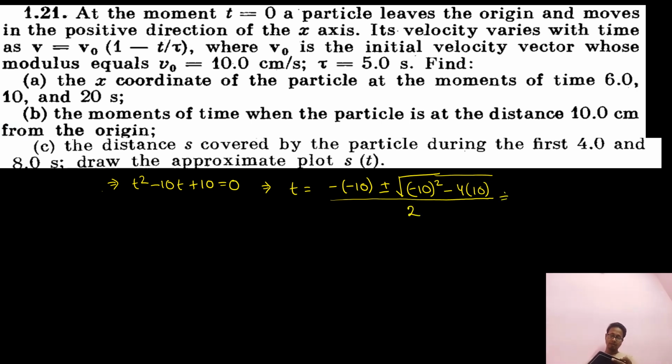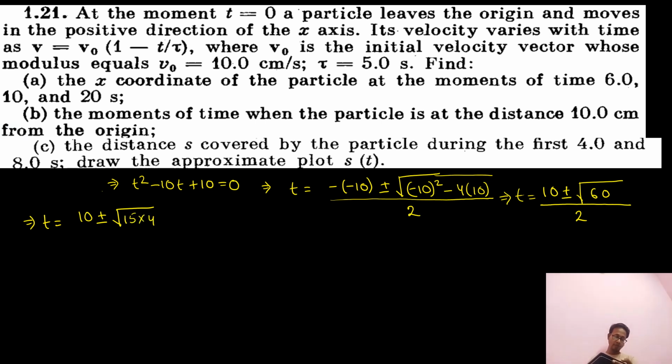Out here, t is equals to 10 plus minus square root of 100 minus 40. 100 minus 40 is nothing but 60, divided by 2. Now 60 can be written as 15 into 4.